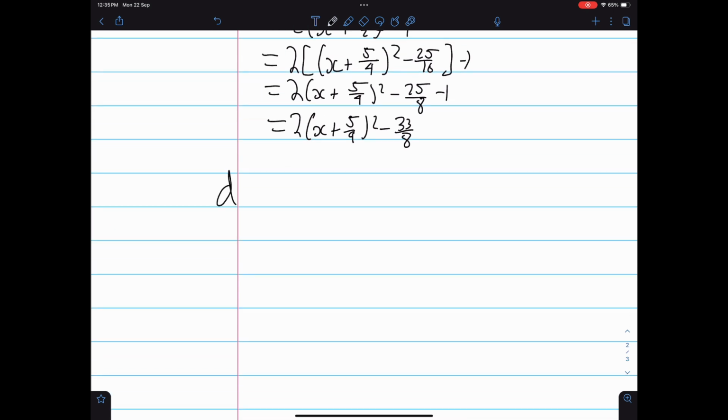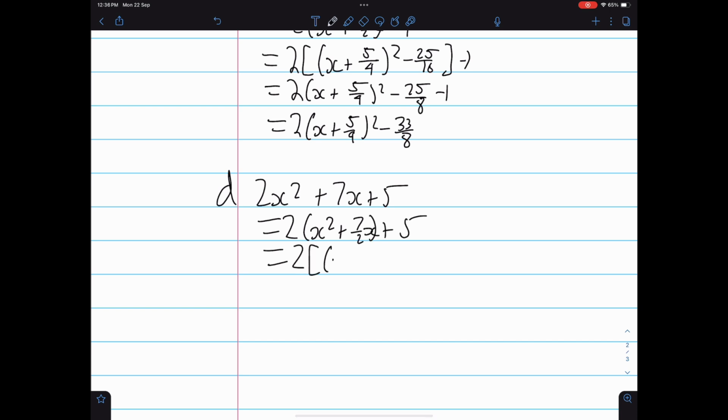For D, we then have 2x squared plus 7x plus 5. This is equal to 2 times (x squared plus 7 over 2 x) plus 5. We complete the square.